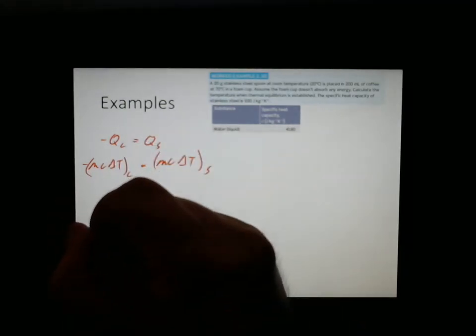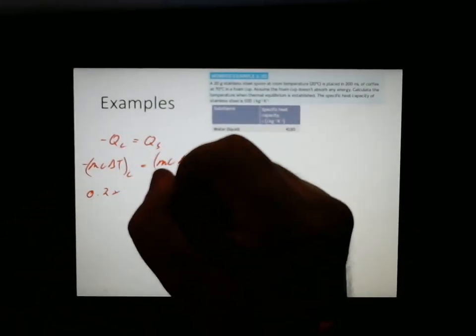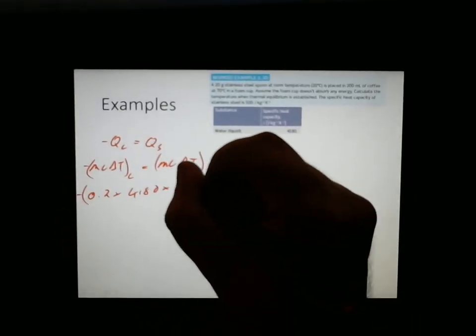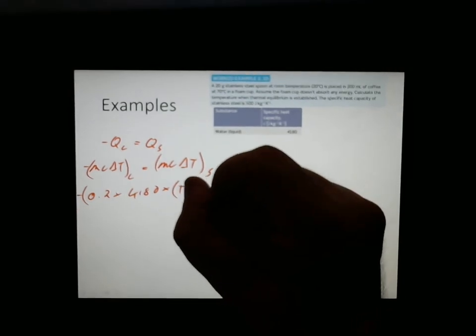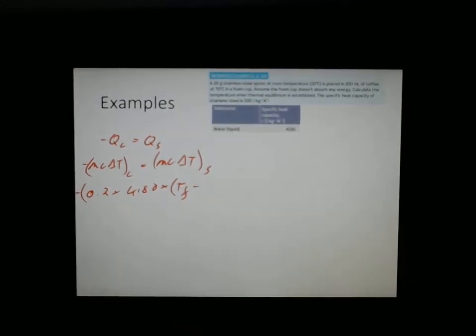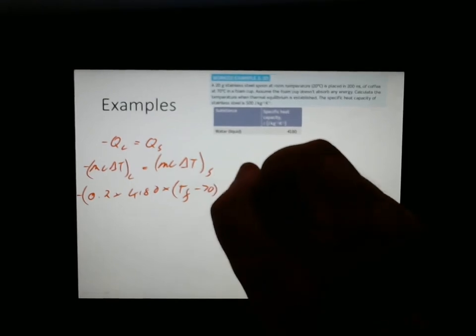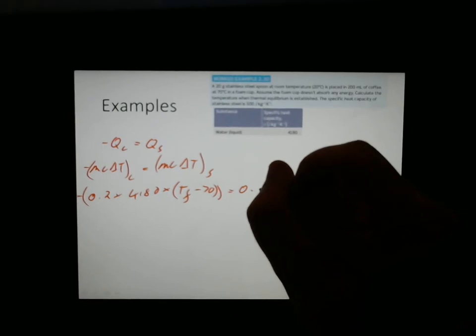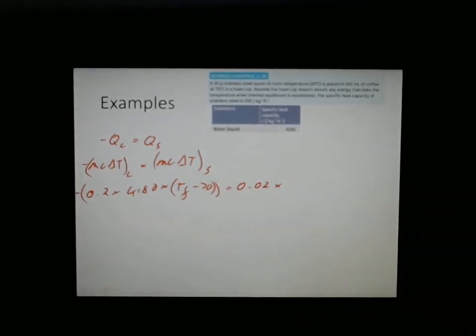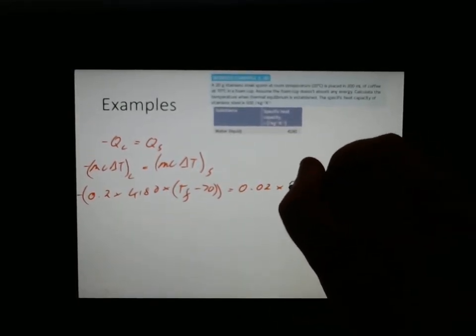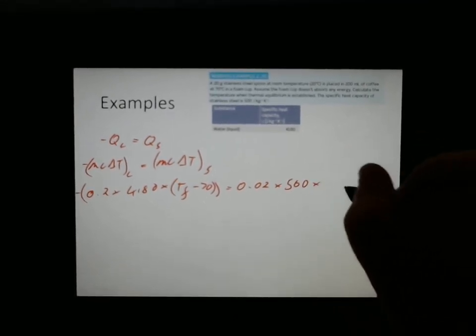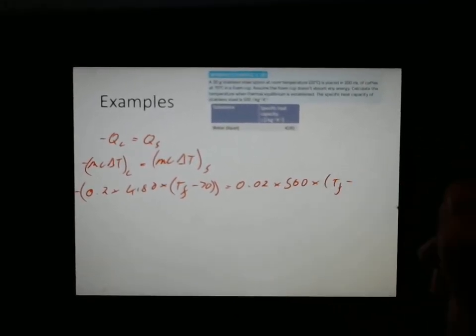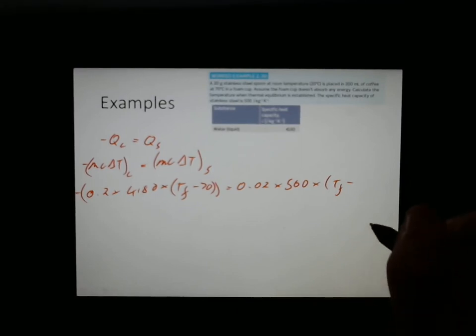So our mass is 200 mils, which is the same as 200 grams, 0.2, times 4180, don't forget my negative, times temperature final, which we don't know, minus the initial temperature of 70 degrees, equals the mass of the spoon, 20 grams, 0.02, times the specific heat capacity of steel, which is 500, again in that table back in the previous chapter, times TF take away, and the spoon starts at 20 degrees.